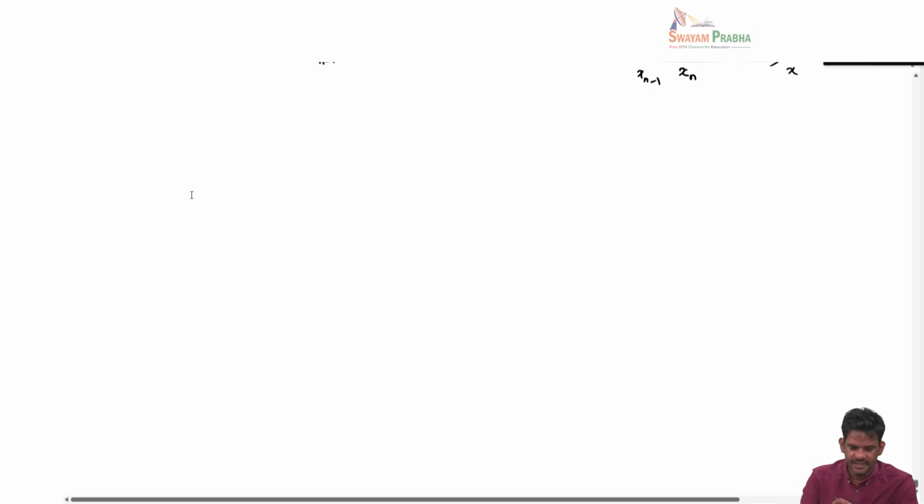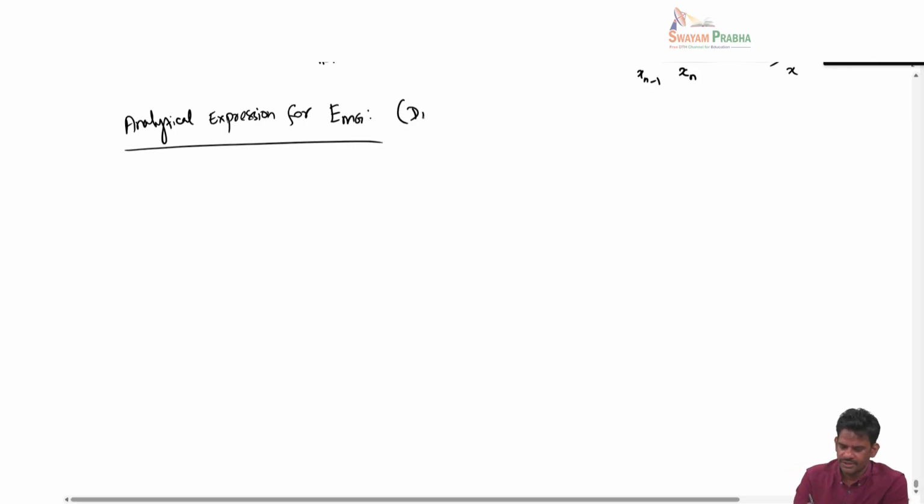Based on that, we can find an expression for the Murphy tray efficiency. Remember, we are talking about efficiency for a single tray. This tray could be anywhere. So let's find an analytical expression for Murphy efficiency. This we will do for dilute mixtures.